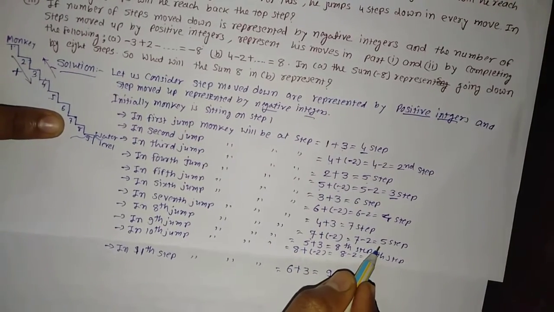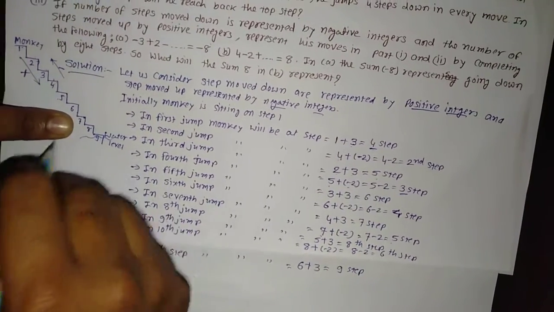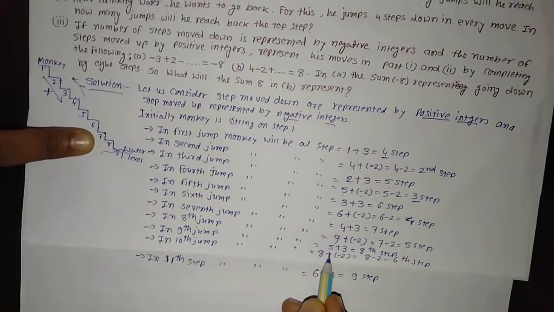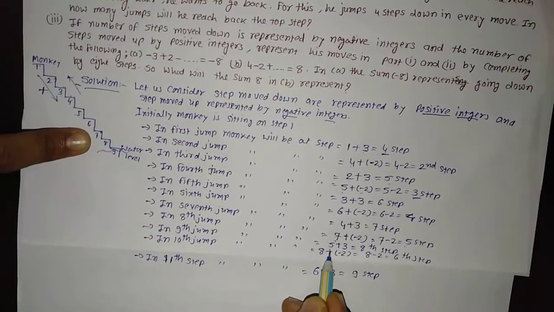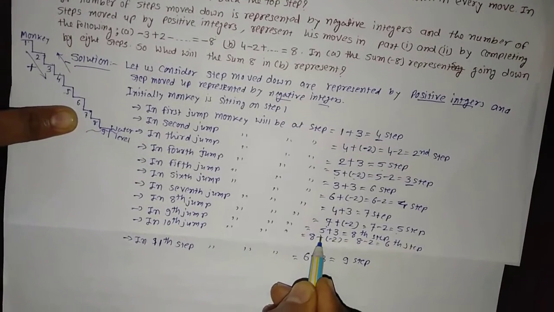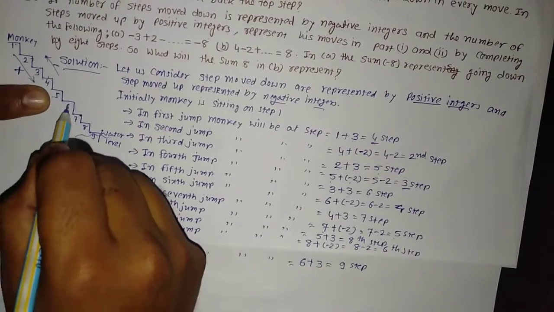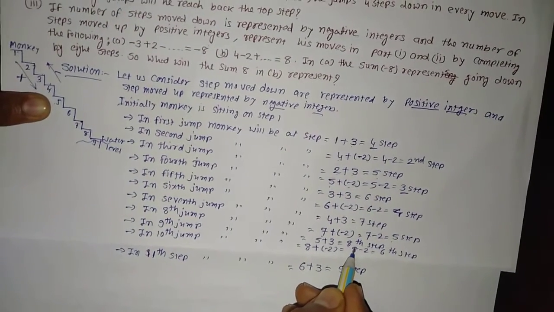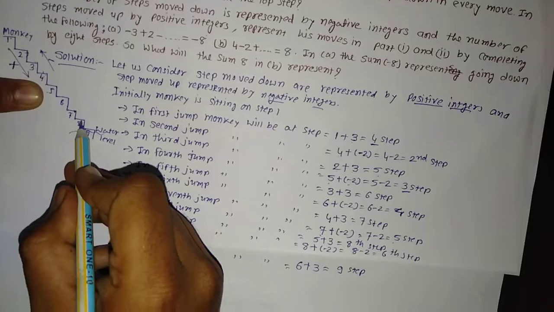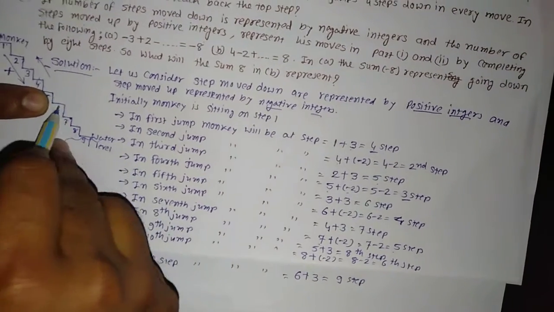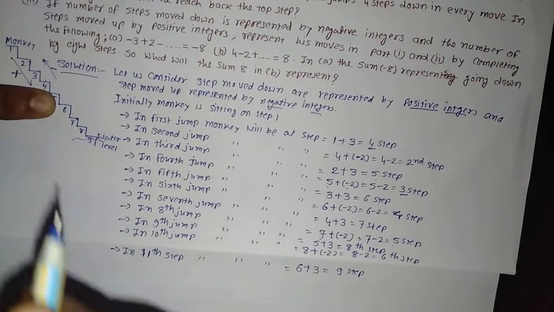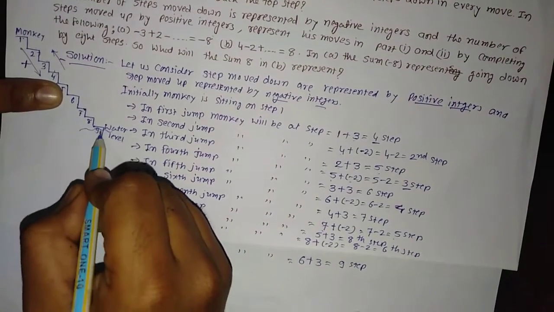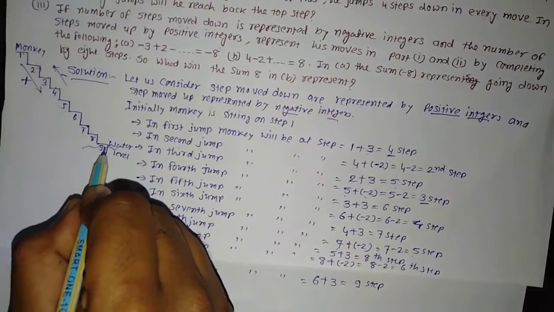In the 9th jump, it reached 5 at jump number 8, and from the 5th, it will jump 1, 2 and 3. So it reaches the 8th step. Then in the 10th jump, again from 8, 2 back, so it will reach the 6th. And the last jump, that is the 11th jump, 6 plus 3, so it will jump 1, 2 and 3 over here. I hope you understood.